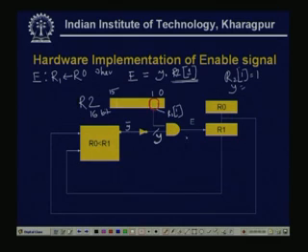So, this is my enable line, my enable signal. Now, when the enable signal is on, then only R0 is transferred to R1. So, R0 to R1, and these are all 16 bit transfers.